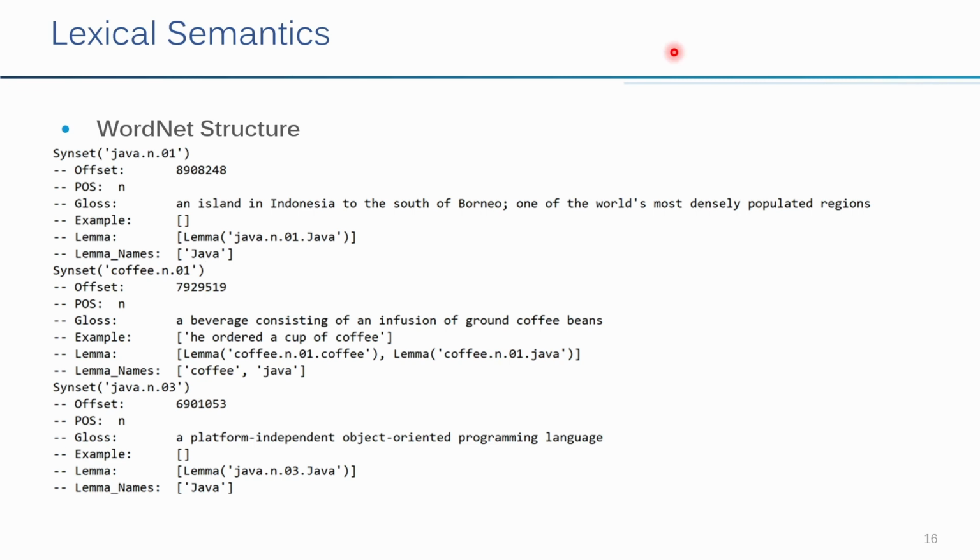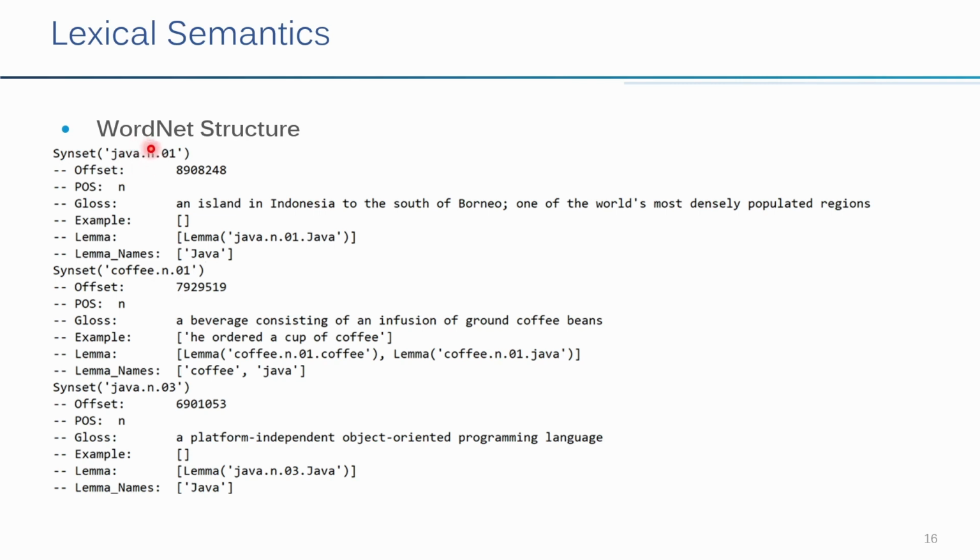And how does it look for us? So the WordNet structure, let's say we look for the word Java. When you do this, you're going to receive 3 synsets. In this case, the synset is this entire string that we have here, and each of those things has a meaning. The first one is the lemma name, so it's the word itself associated with the synset.